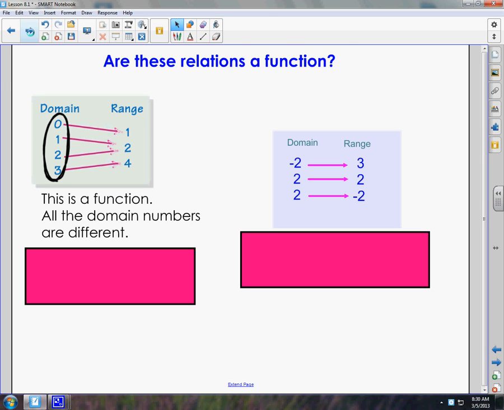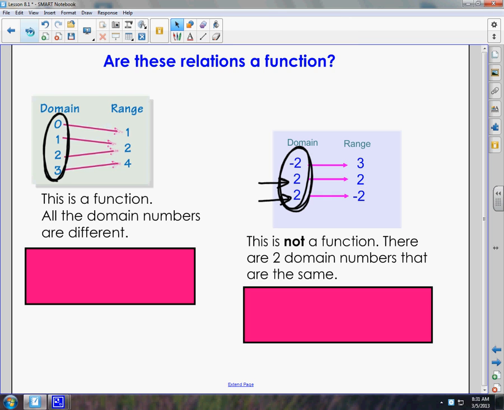Okay, if you look here, yes, they're all going to a different number, but do I have two of the same domain? I have two of the exact same domain. So this is not a function. There are two domain numbers that are the same. So there's two 2's, and it cannot be a function.